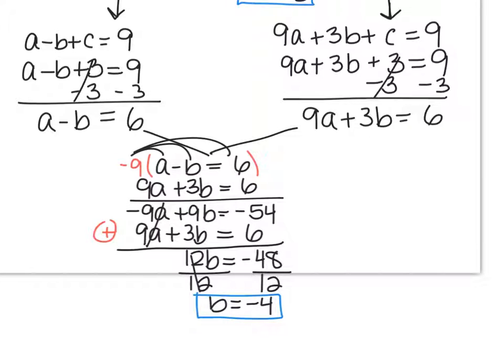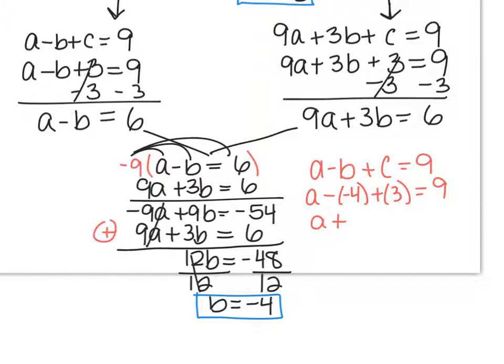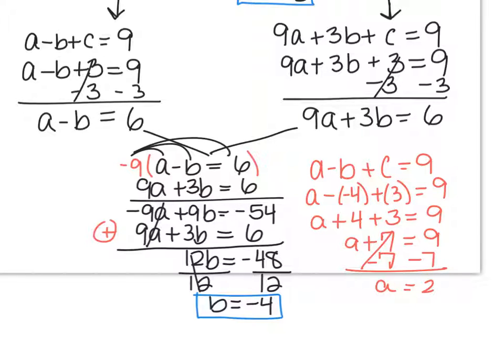I'm just going to write it here on the side. So we have a minus b plus c equals 9. I'm going to plug in my b value, which is -4, and my c value, which is 3. And this becomes a plus 4 plus 3 equals 9. So a plus 7 equals 9, minus 7 on both sides, and we get that a is equal to 2.